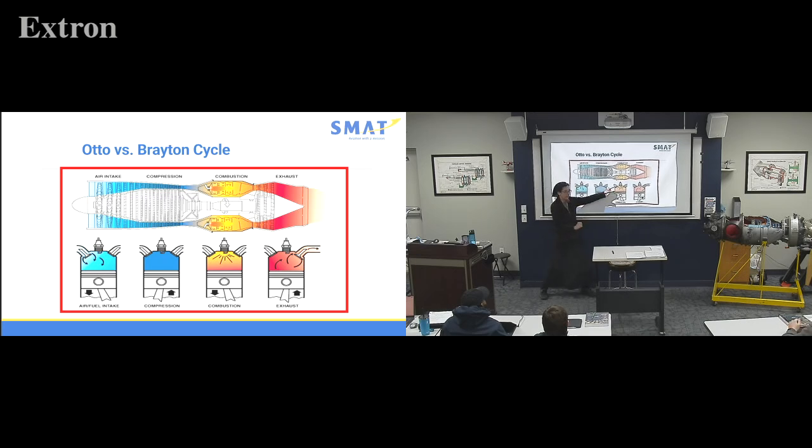We add a spark, combust, that sends our piston back down, and then our piston comes back up, pushing that out the exhaust. What do you think is going on with pressures in the Otto cycle? Massive changes. Since this information was from Kate's class, I stole it, and he said, on average, you're seeing a difference of about 800 psi, going from very low pressure to very high pressure, all in the same chamber. So that's the Otto cycle. That's all I'm going to talk about, the Otto cycle.